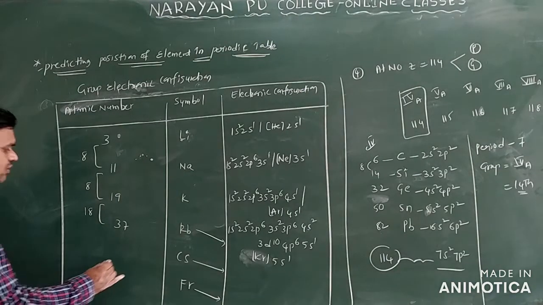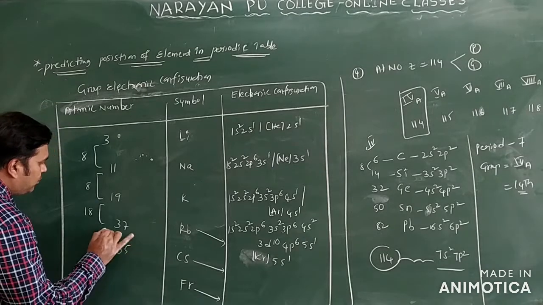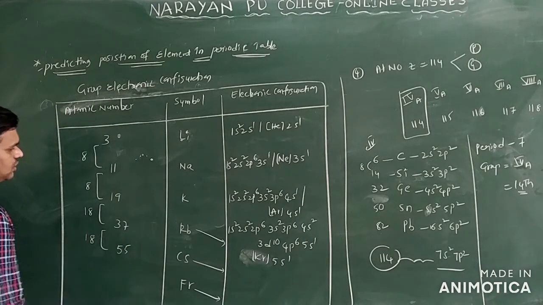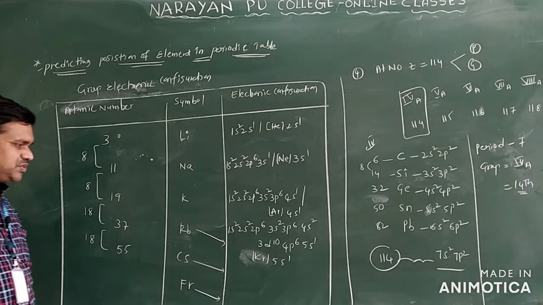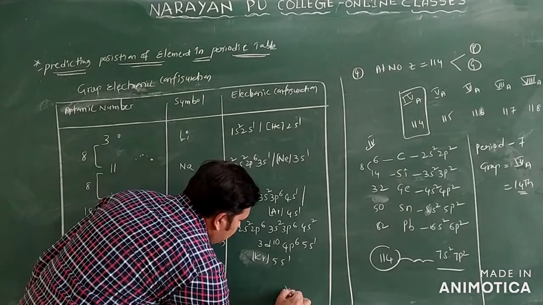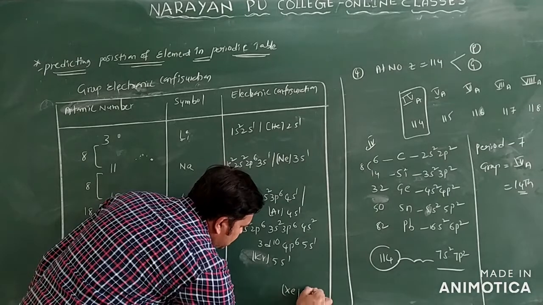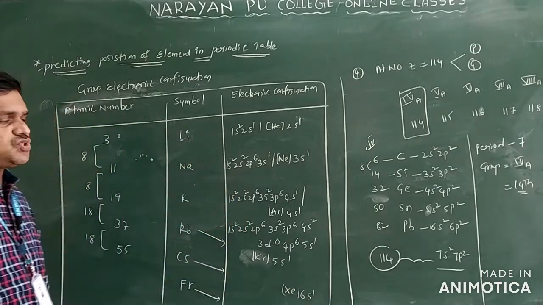So cesium I will write here 55. Here the difference you can write is 18. So helium, neon, argon, krypton, and I will write xenon 6s1 only. So you will write the full configuration.